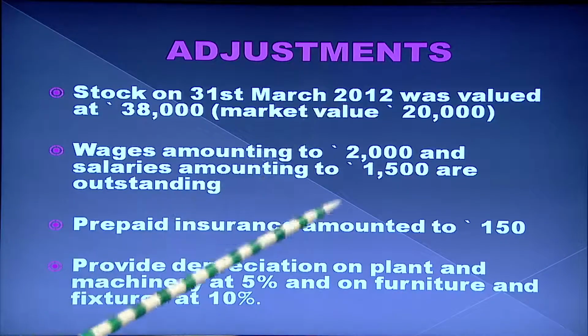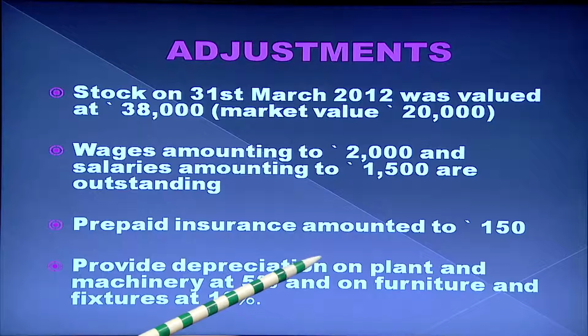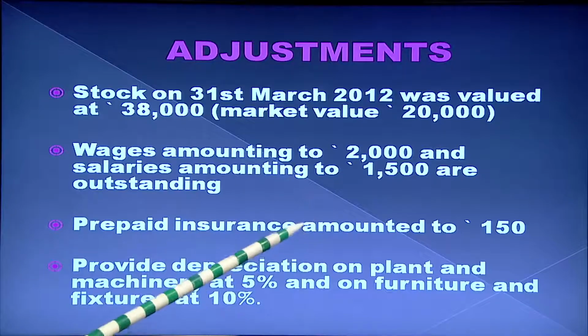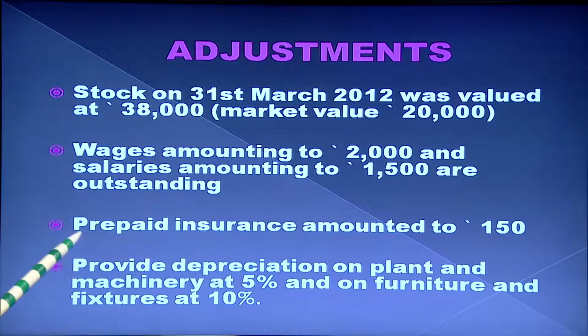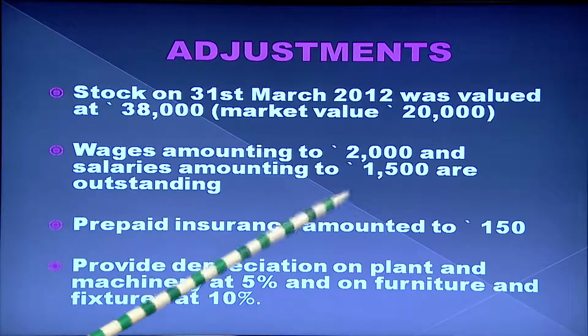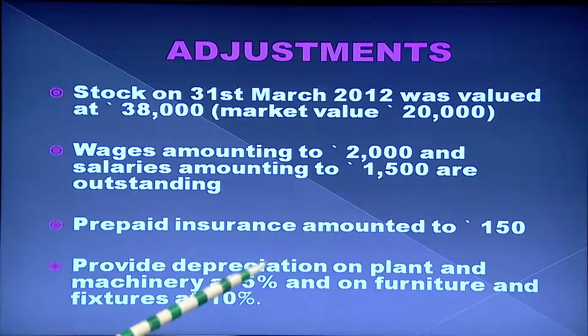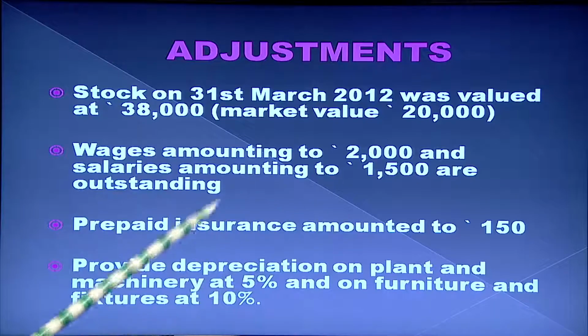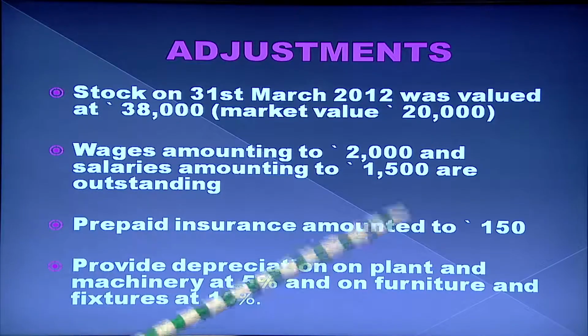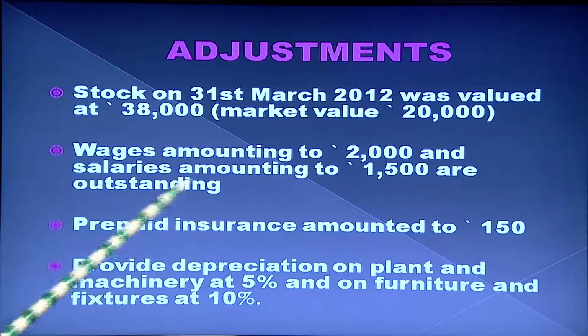So, the total amount of rupees 3,500 will be shown in the liability side of balance sheet. Next is prepaid insurance amounting to rupees 150. If something is prepaid, that means that will be deducted from insurance. So, 150 will be deducted from insurance, and prepaid insurance of rupees 150 is our asset.